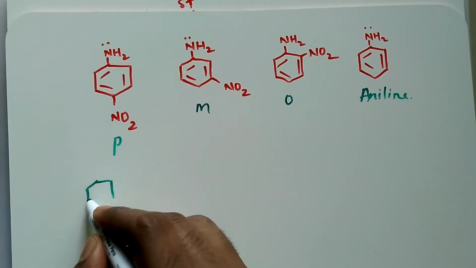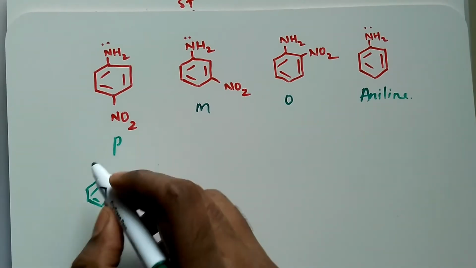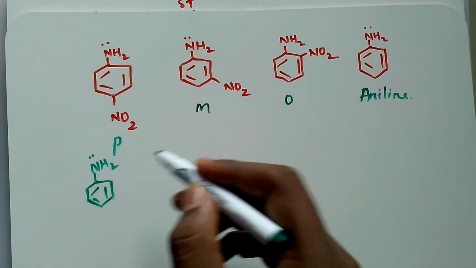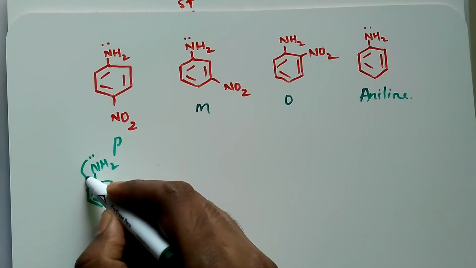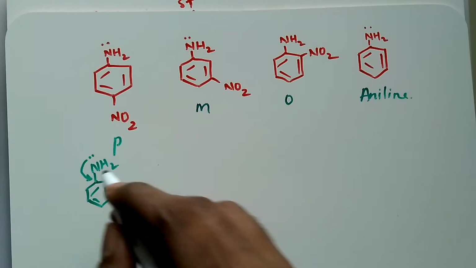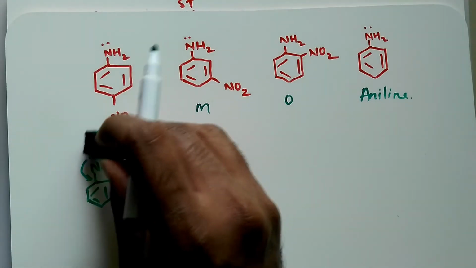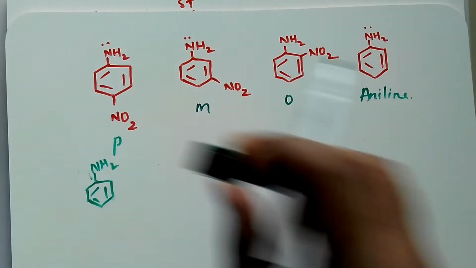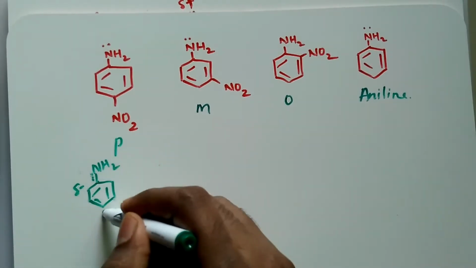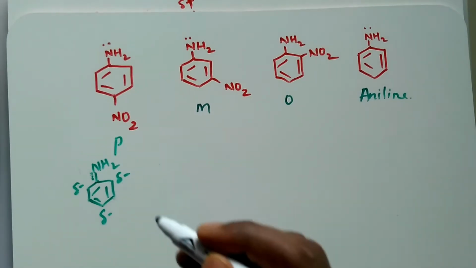Here we have the benzene ring and here we have the NH2 of aniline. If you remember the resonance structure, the electrons were going here, and in the resonance hybrid we used to get the negative charge here, negative charge here, negative charge here.